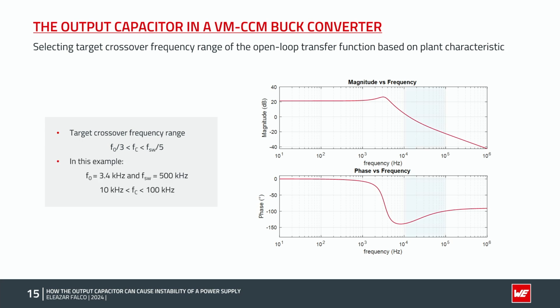In the case of this example, this results in a range between 10 kHz and 100 kHz as highlighted here. We remember we had a switching frequency around 500 kHz and the double pole frequency was around 3.4 kHz.